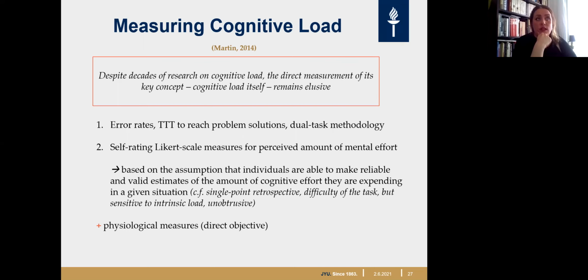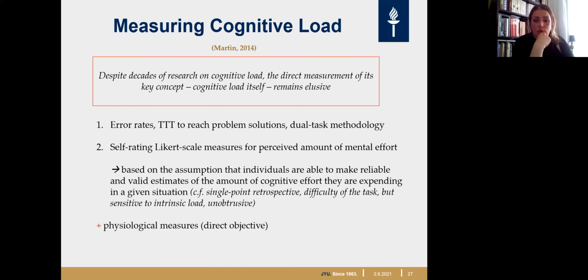So it questions the validity of the results, because then they are based on memory. So better would be to have, for example, multiple measurement points and not only retrospectively.